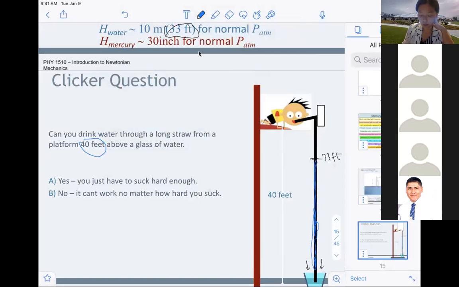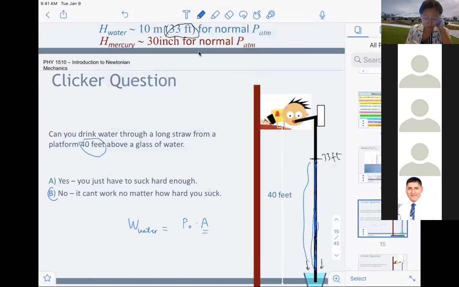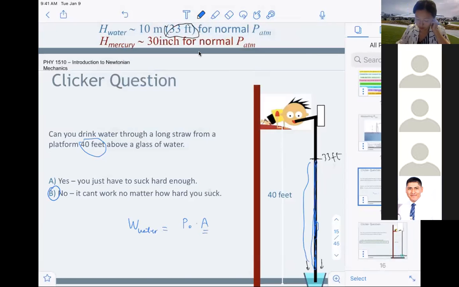The weight of the water at this point will be equal to the force from the atmosphere pressure, which is P naught times the cross-sectional area. When these two forces are equal, the water is just not going to go anywhere. So no matter how hard you try, we cannot drink from that height. The highest you will be able to do this is at 33 feet. Okay, very good.